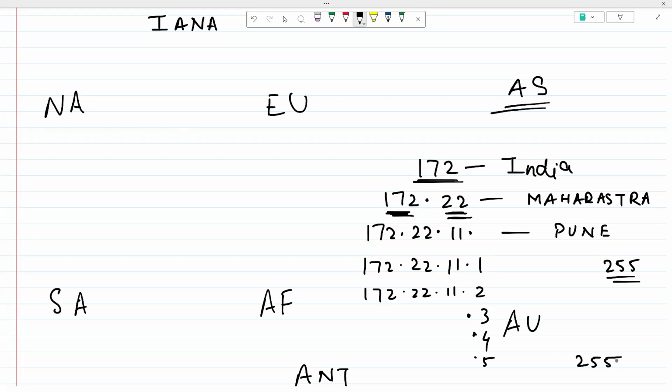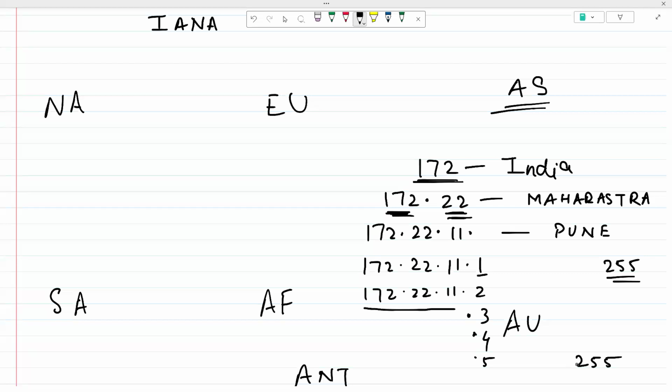Okay. So now think from Pune people's perspective. Their first 3 octets remain the same because they belong to Pune. The only octet that is changing is the last octet, 1, 2, 3, 4, 5, like that, because they are different users. So as I said, think from the perspective of people who are living in Pune.